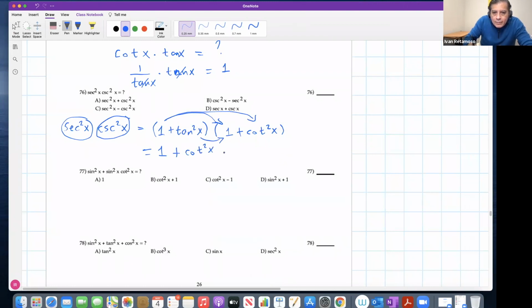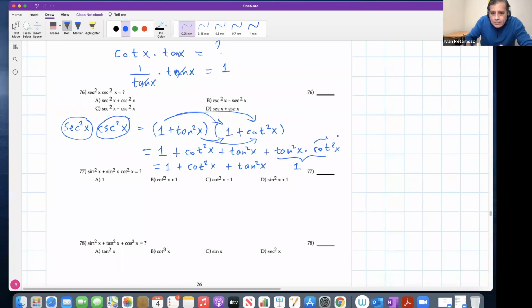Tangent square of x times 1 is tangent square of x. And tangent square multiplied by cotangent square is going to be 1, because they are reciprocals of each other. So I end up with 1 plus cotangent square of x plus tangent square of x.